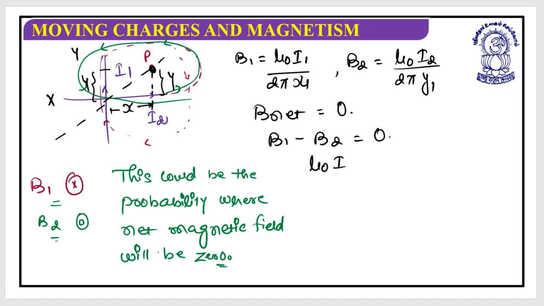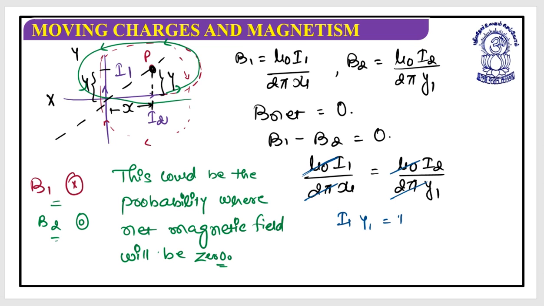So mu naught I1 divided by 2 pi x1 equals mu naught I2 divided by 2 pi y1. The mu naught has gone, the 2 pi has gone, so I1 y1 equals I2 x1.